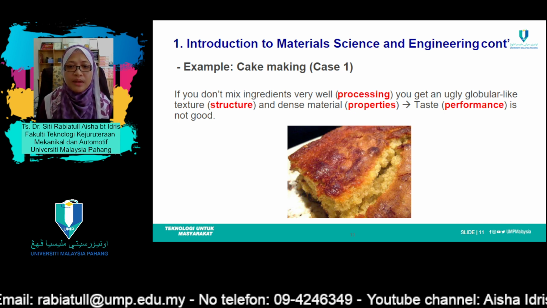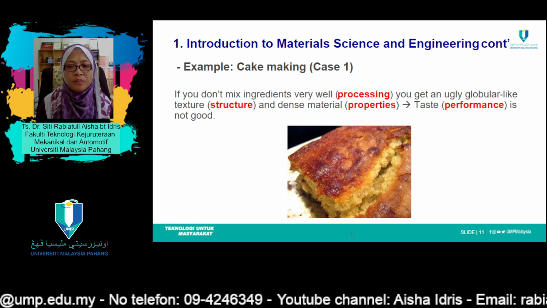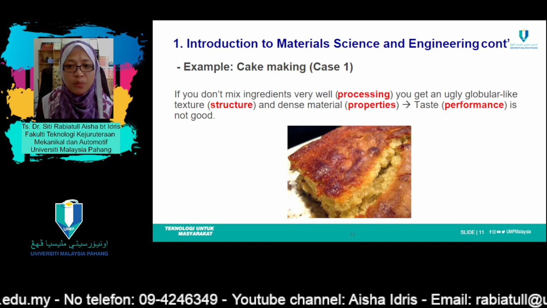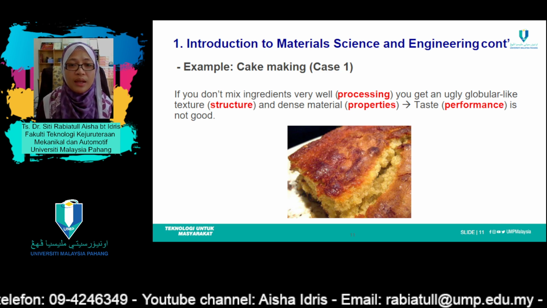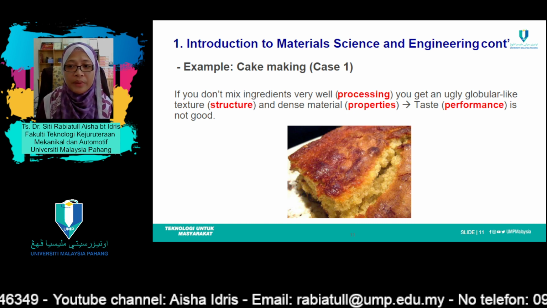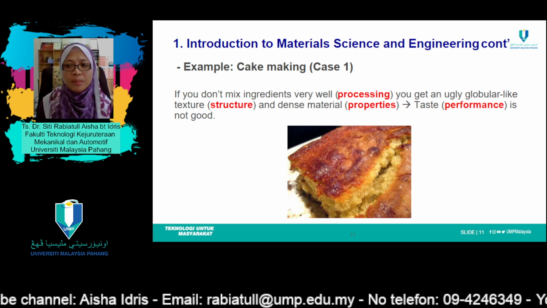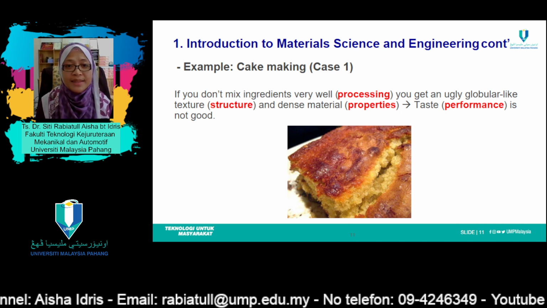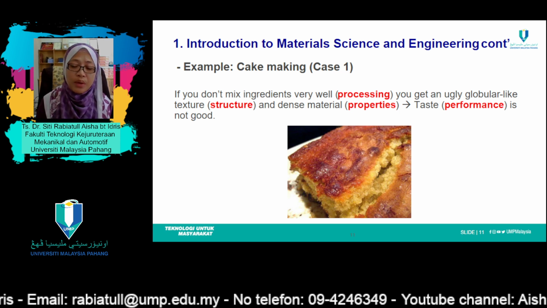After that, we get the texture, whether it is smooth or the other way around. That is called the structure. Then the properties, whether it is dense, packed, or hard, those are the properties. And finally, this cake will have its own performance, also known as taste, whether it is good in taste or the other way around.